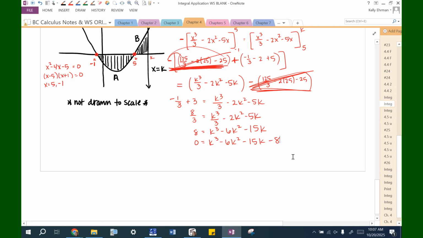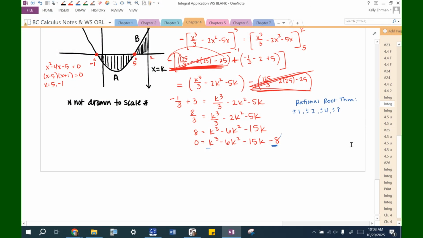If I'm not allowed to use a calculator, there's this kind of obscure thing, the rational root theorem, that says every odd polynomial has at least one real number root. And if a rational root exists, it'll be factors of the last term divided by the first term. So like plus or minus 1, plus or minus 2, plus or minus 4, plus or minus 8.